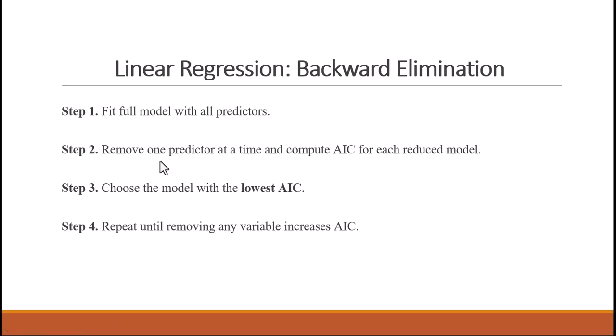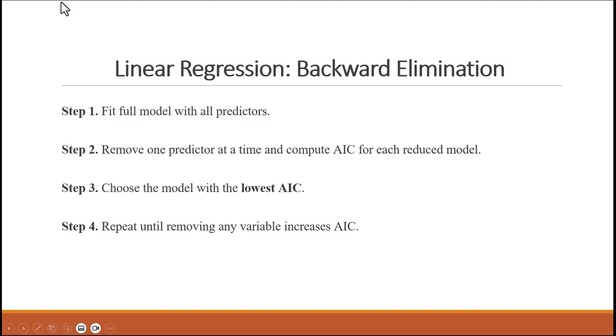The second method is backward elimination. In contrast to forward selection, we start with a full model that has all the predictors, remove one predictor at a time, compute AIC again for each reduced model, and choose the model with the lowest AIC.